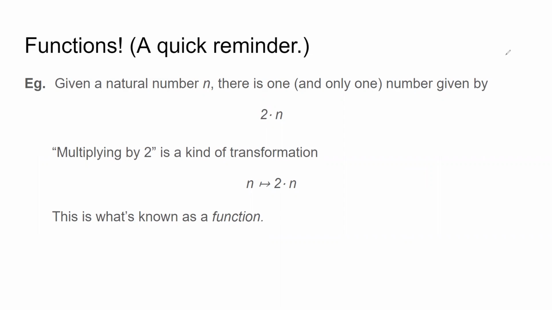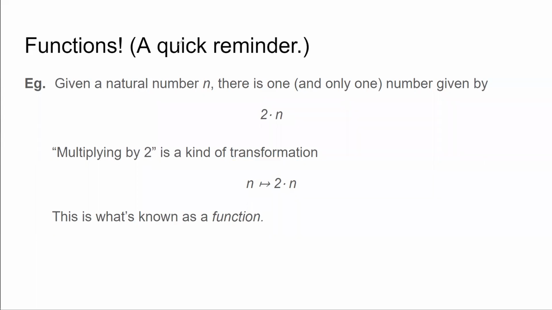This probably seems kind of silly, but there is one and only one. That is the key concept to functions. So a function is a sort of transformation which takes in something and outputs a unique thing which is based on that thing.